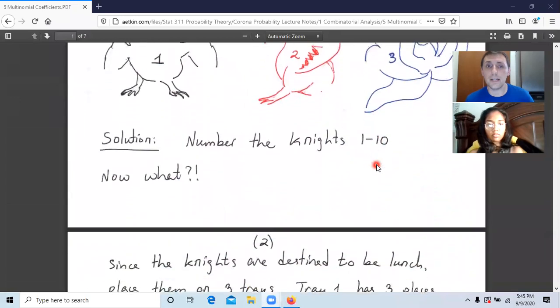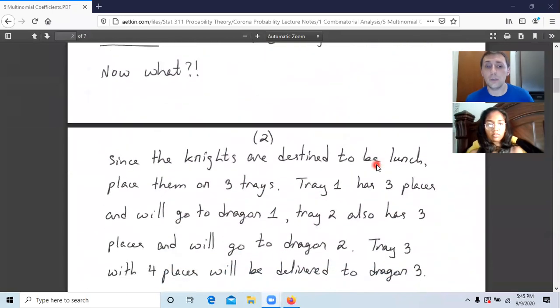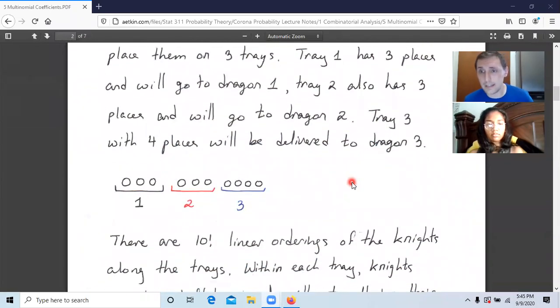How do we decide who goes where? Well, we can imagine it's like a school cafeteria. I haven't been in one, and you haven't been in one for quite a bunch of months. In the school cafeteria, you have this black tray. The black tray goes to dragon number 1. The red tray goes to dragon number 2, and the blue tray goes to dragon number 3. Yes?